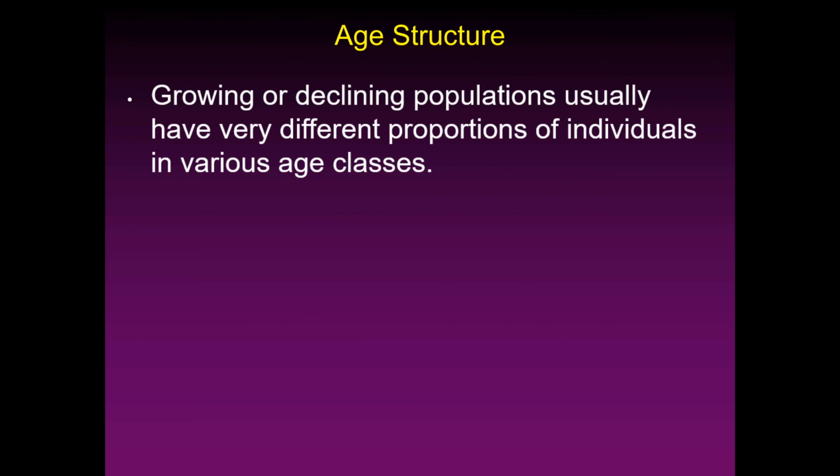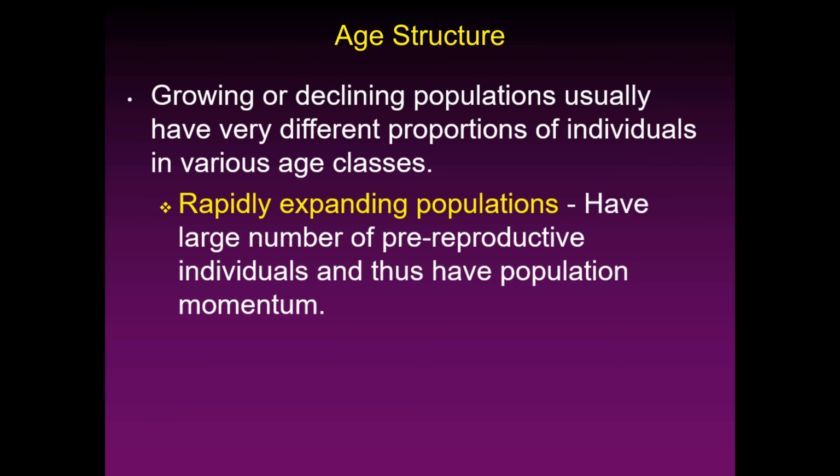So age structure. Growing or declining populations usually have very different proportions of individuals in various age classes. As we saw in the last one, you're going to end up with this wide distribution of ages. Rapidly expanding populations have a large number of pre-reproductive individuals and thus have population momentum. That doesn't mean that they're currently expanding.